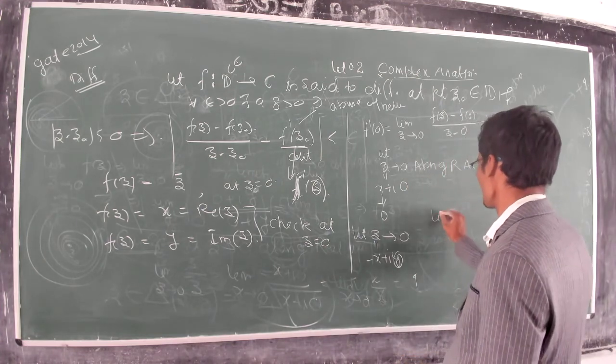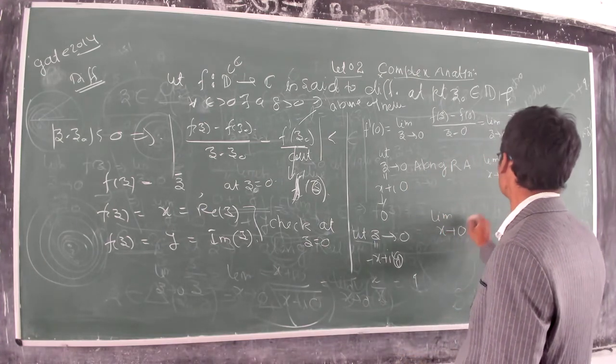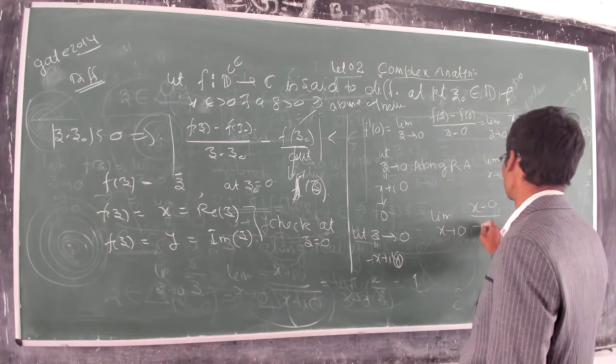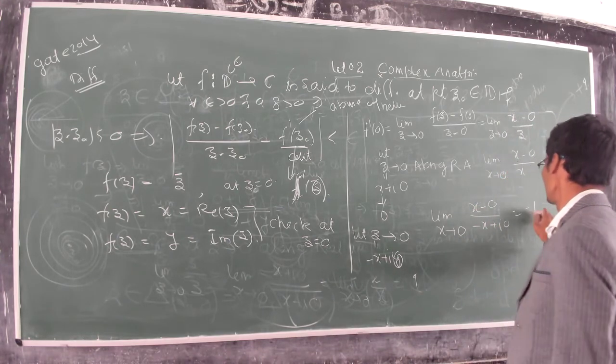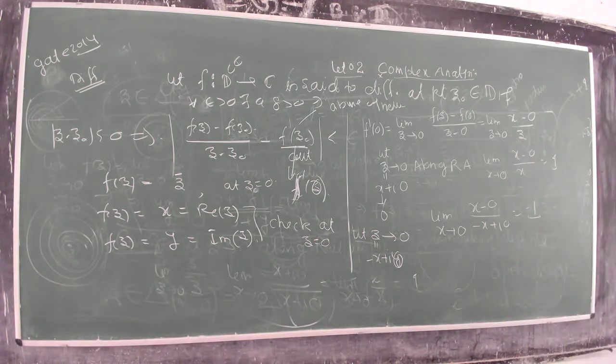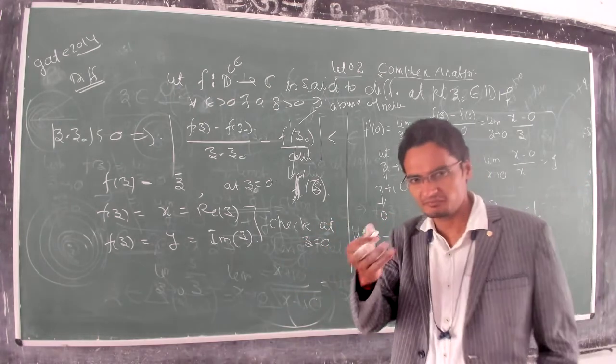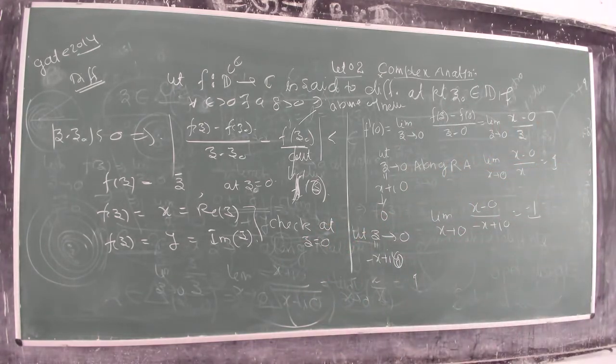This will be minus 1. You can approach by any other method, that is also correct. 1 and minus 1, what does this mean? Leave it, it doesn't exist. Fantastic.